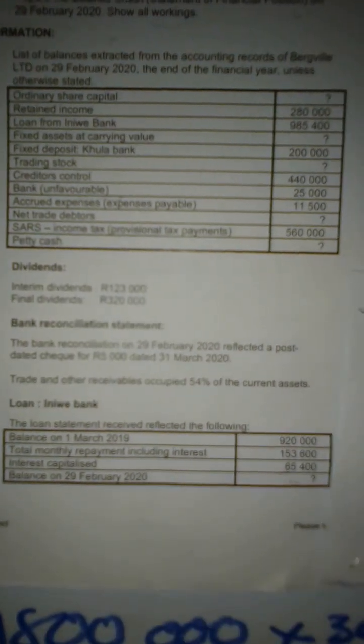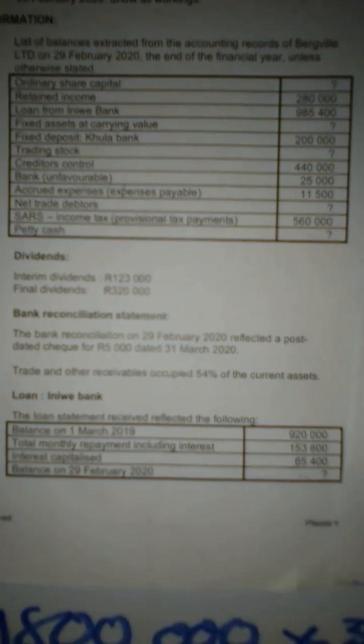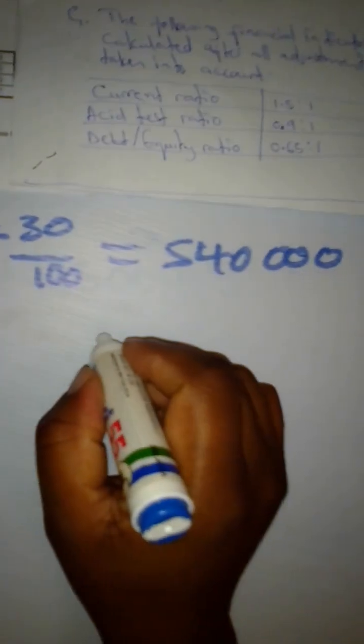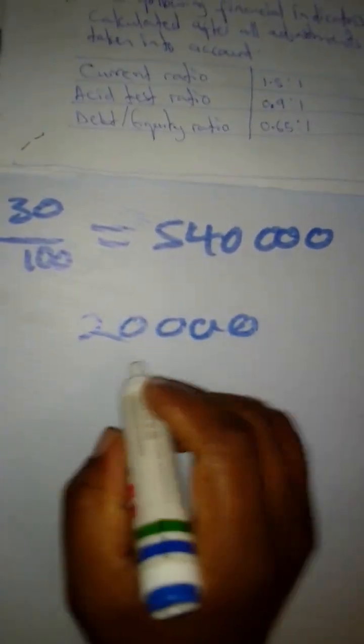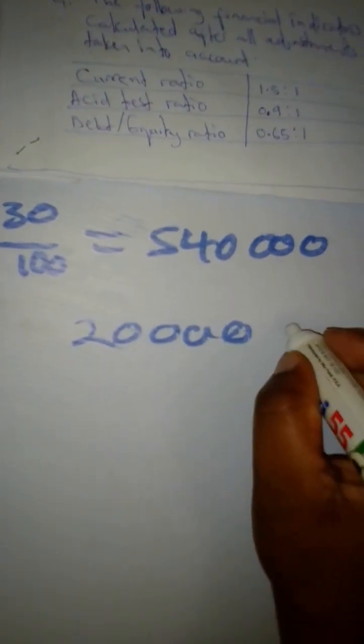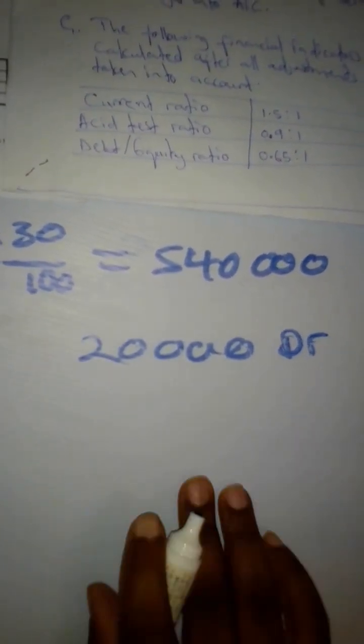Okay, 540,000 is the tax that was due to SARS after the assessment, but the business had already paid 560,000. So it means they overpaid SARS by 20,000. And if it is an overpayment, it becomes a debit balance, not a credit balance. So it is not going to appear under our trade and other payables.